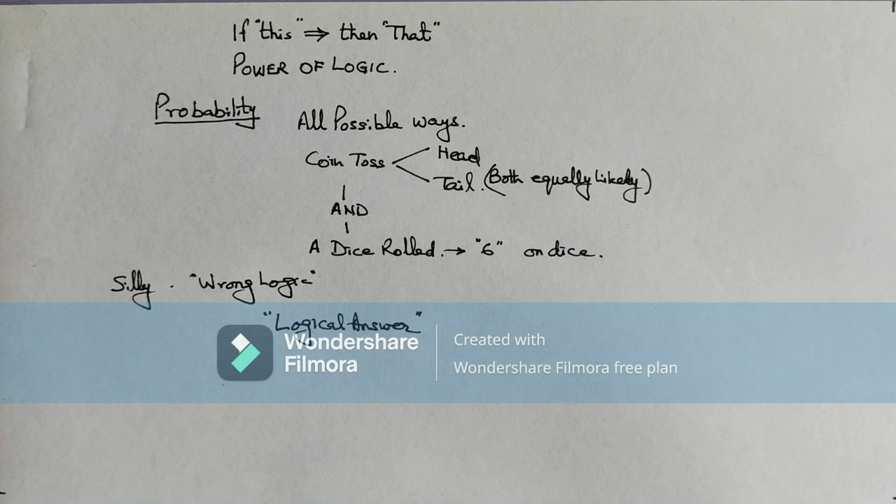Logical in quotes, because while it may appear to be perfect logic, later once we discover the mistake, it might sound so silly. See if you can spot the error of logic. I will then explain the error and then correct it to arrive at the corrected answer. I hope you find it fun to follow.